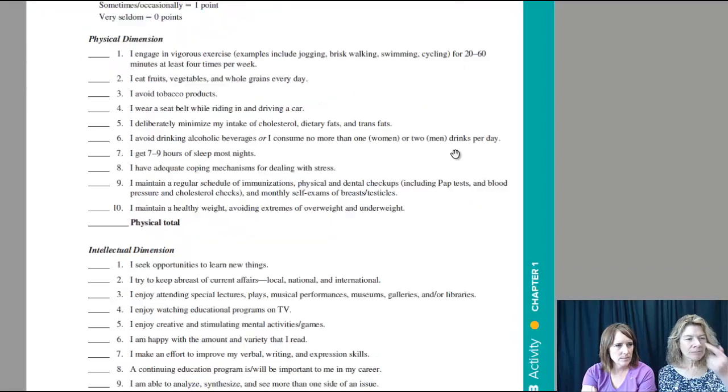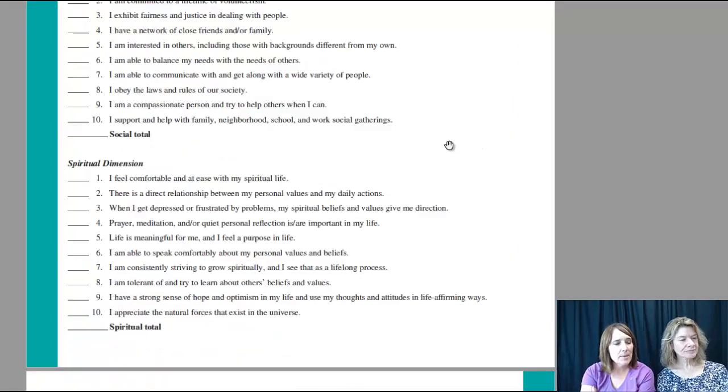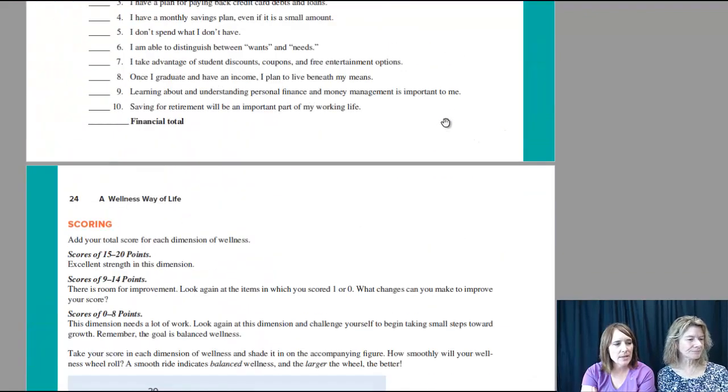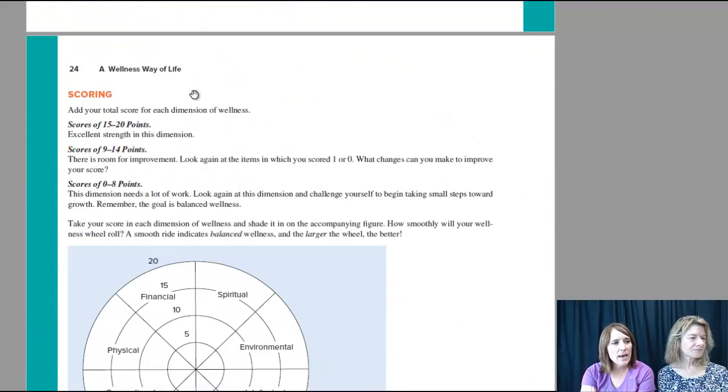So at the end of lab activity 1-2, you will be assigning a score and assessing the information that was provided on the survey. So as a result, you will get an excellent strength in the dimension, a room for improvement in the dimension, or that the dimension needs a lot of work. So keep that in mind, because that will be included as part of your lab report.